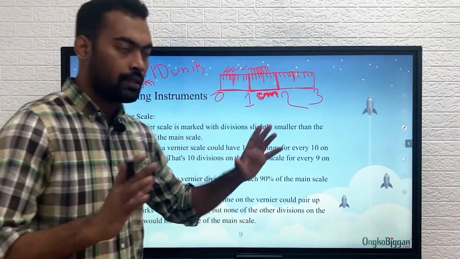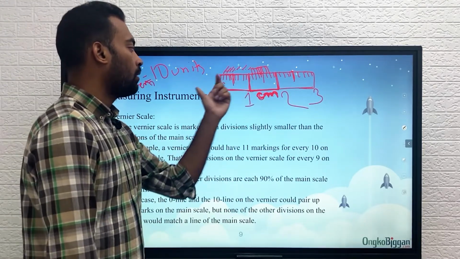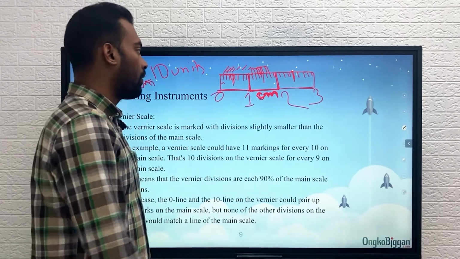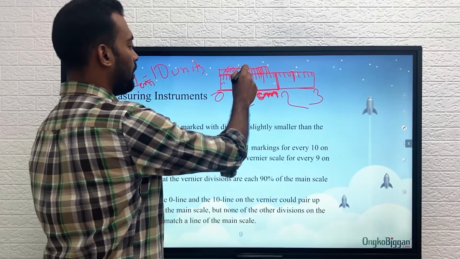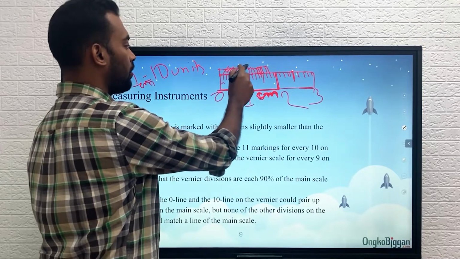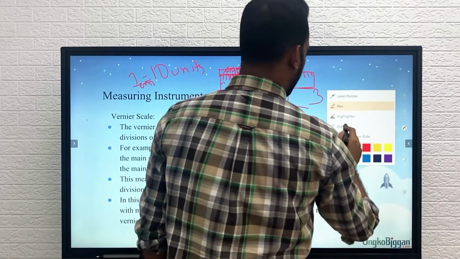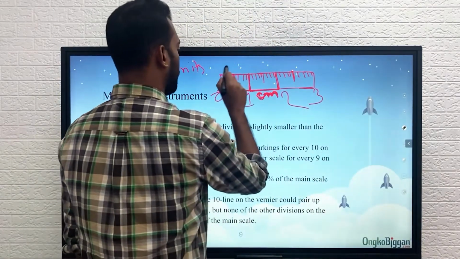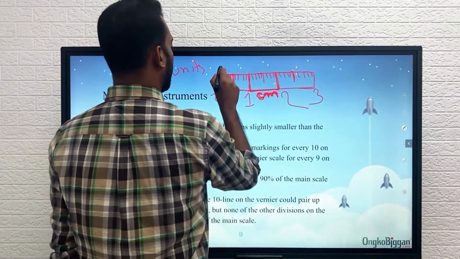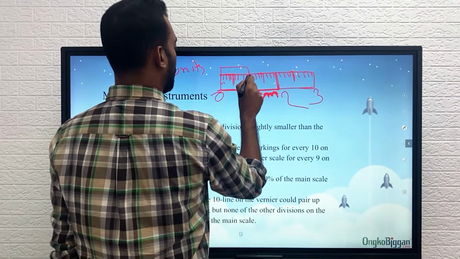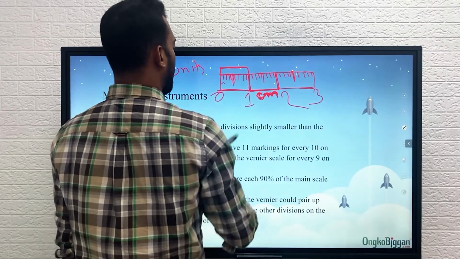What it really means is, from 0 to 1 there are 10 units, right? But in the Vernier scale, for the same length there will be 11 units. Let me erase this. Suppose this portion is a Vernier scale.